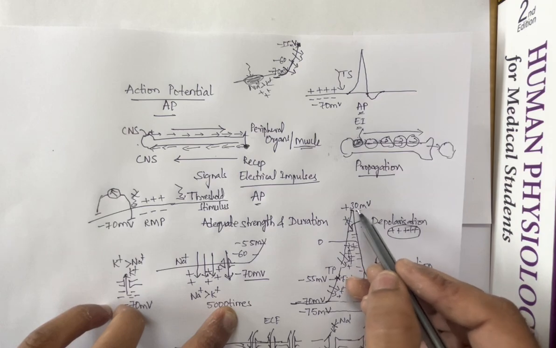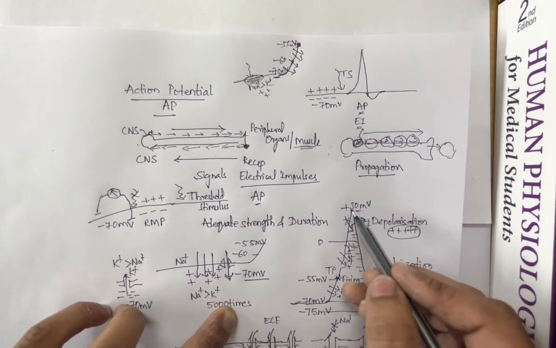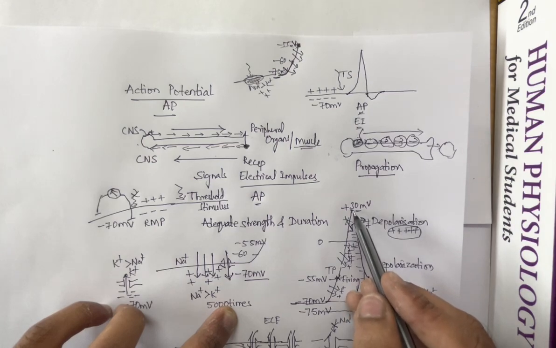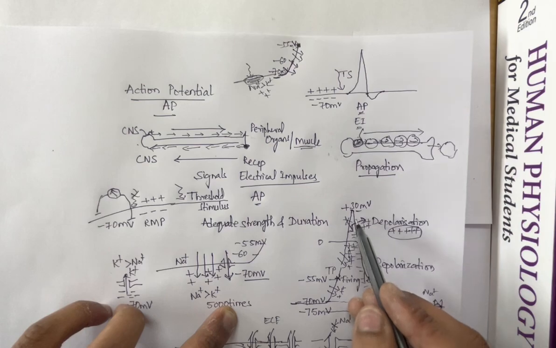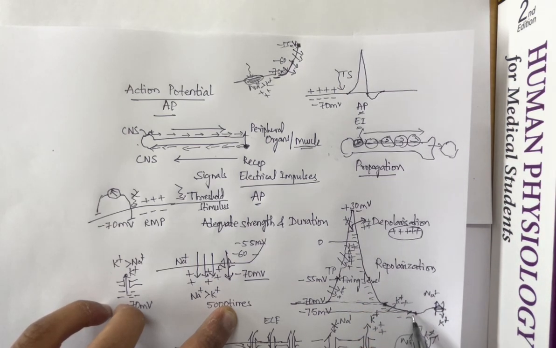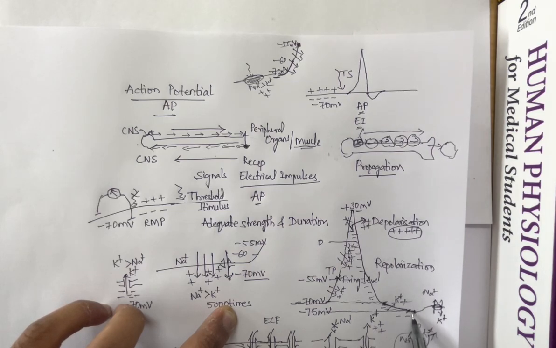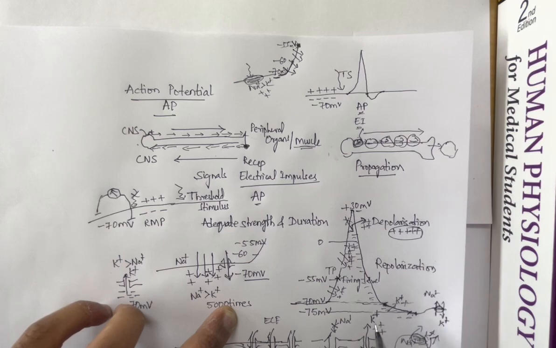At plus 30 millivolt there is inactivation of voltage gated sodium ion channels and activation of voltage gated potassium channels. So there is potassium efflux, and from plus 30, because of the continuous potassium efflux, the membrane potential returns back to the resting level, and even from the resting level it can go further negative, that is hyperpolarization, because of the continuous potassium efflux. Thank you.